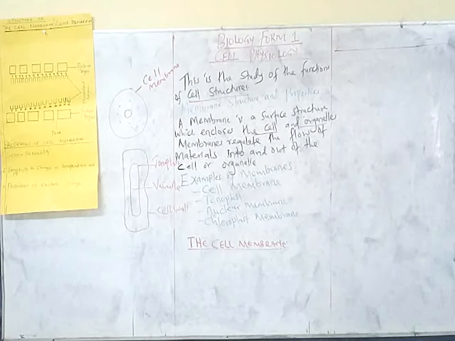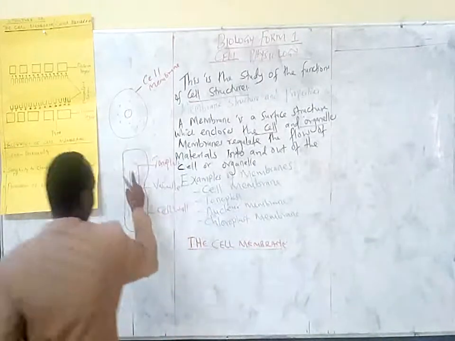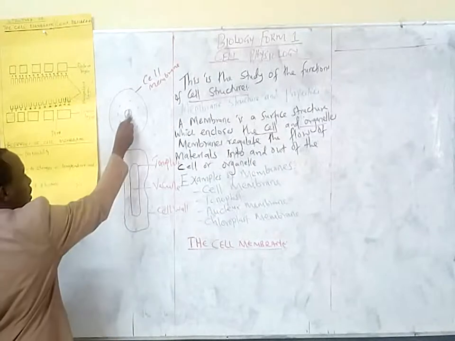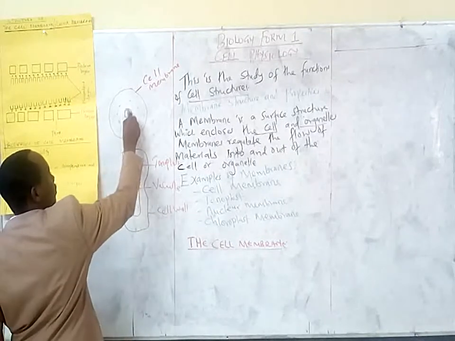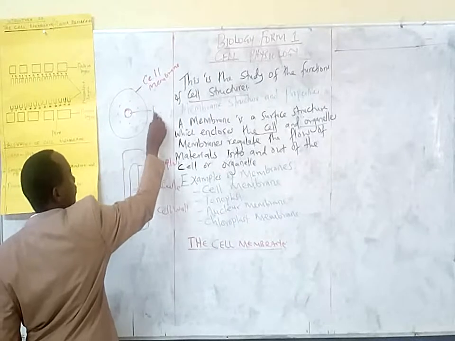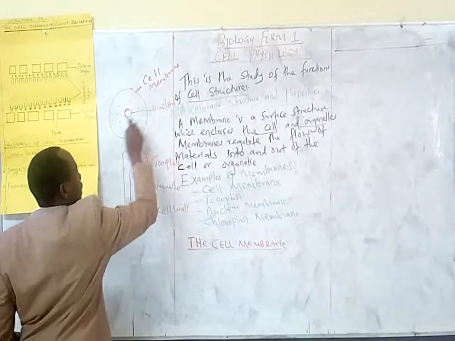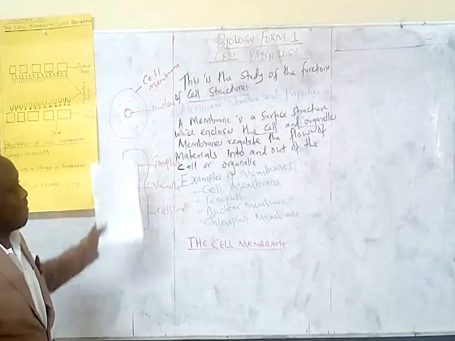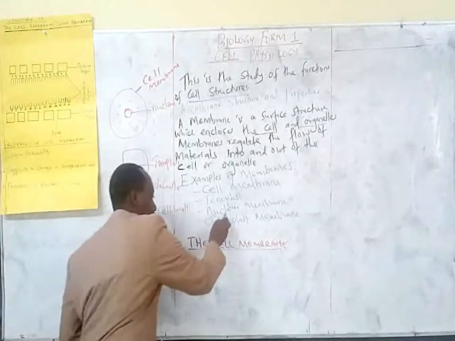So again, we have said that the cell membrane can be around the cell. And also we have the tonoplast, which is surrounding the cell vacuole. We also have the nuclear membrane. This is the nucleus. It is just inside the cell. However, it is surrounded by a membrane, which is referred to as a nuclear membrane.